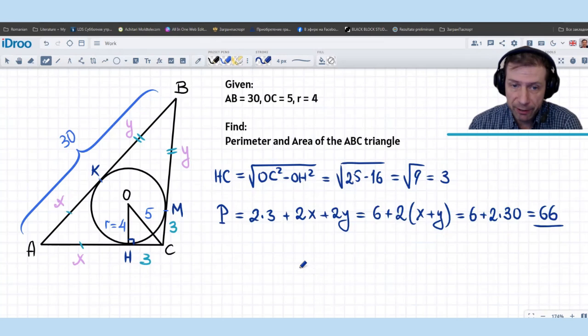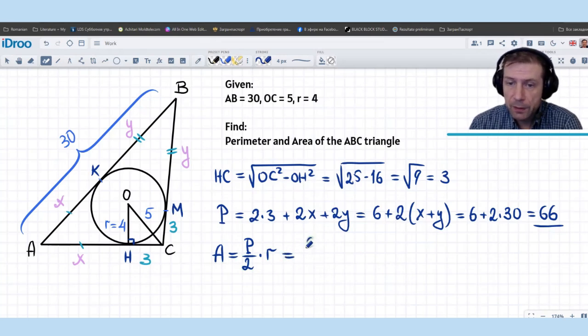Well, how to find the area? Area requires either some height, or some angle sine. But there is one more option, which is as follows. Area is half of the perimeter, or semiperimeter, times the radius of the inscribed circle, which means we know everything.